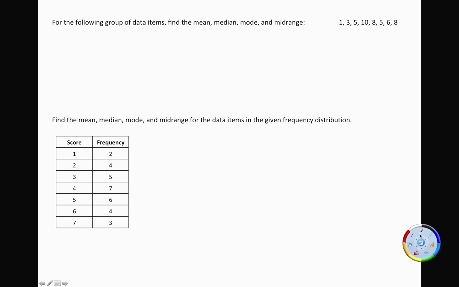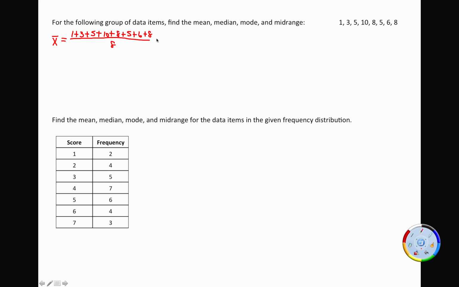So, for this group of data items, find the mean, median, mode, and mid-range. For the mean, which we can represent with X bar, I'm going to add them up: 1 plus 3 plus 5 plus 10 plus 8 plus 5 plus 6 plus 8, and divide by 1, 2, 3, 4, 5, 6, 7, 8.